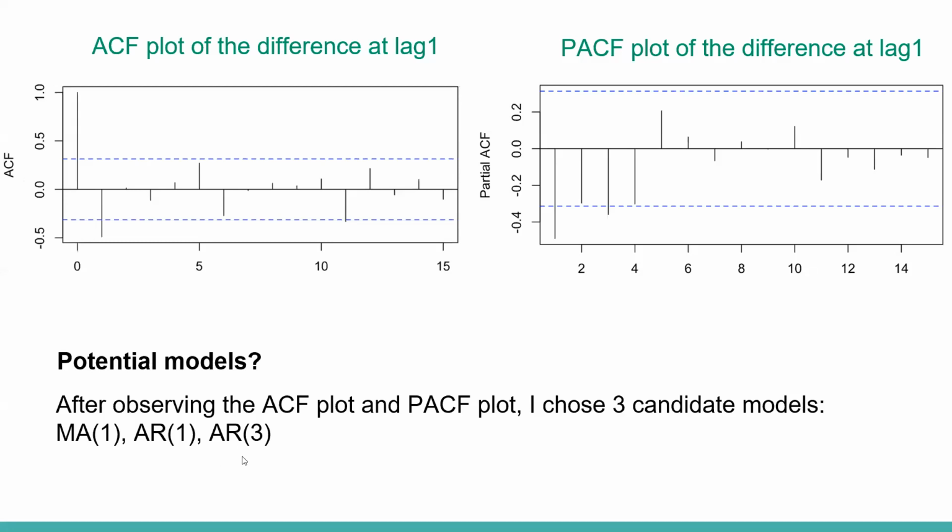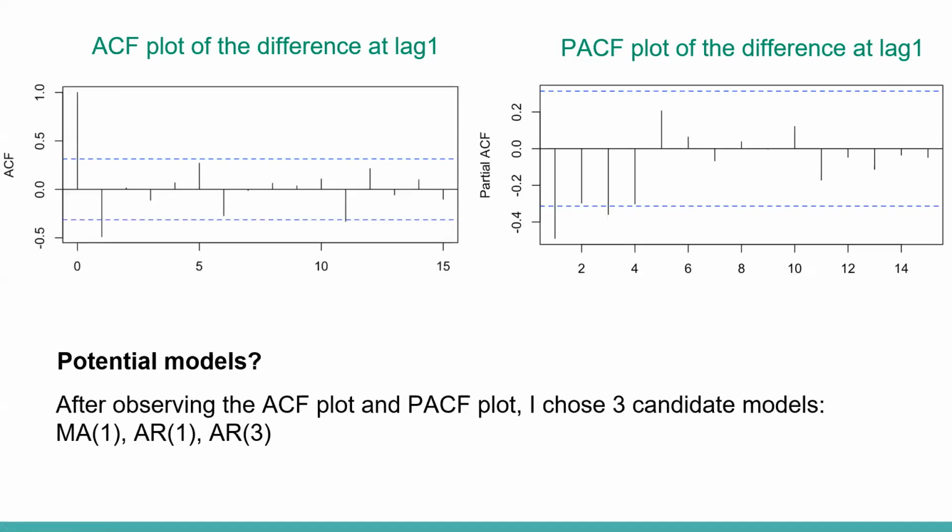We choose three models, so they're going to become our candidate models. And we got a way to investigate which of the candidate models suggested by the two plots is the best. We got a way to actually investigate that.